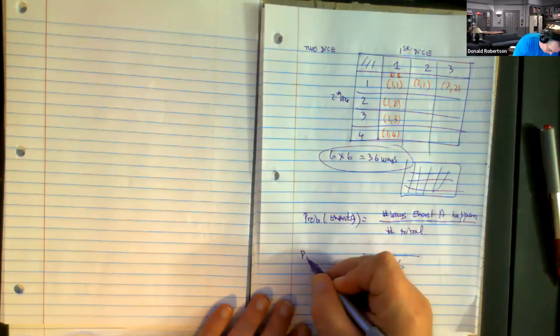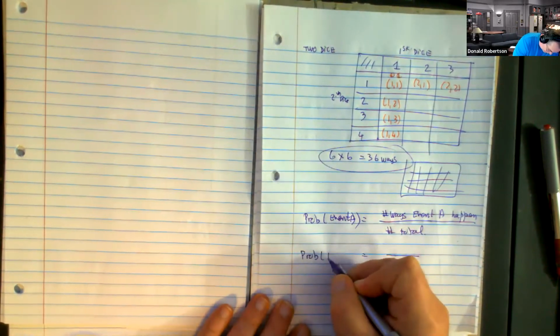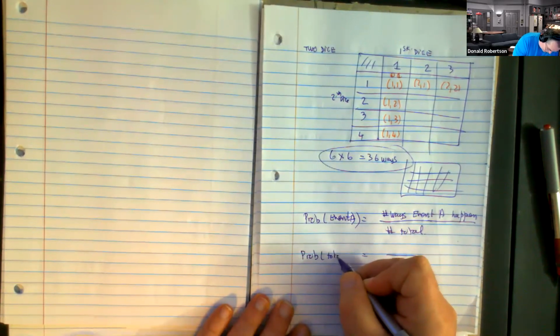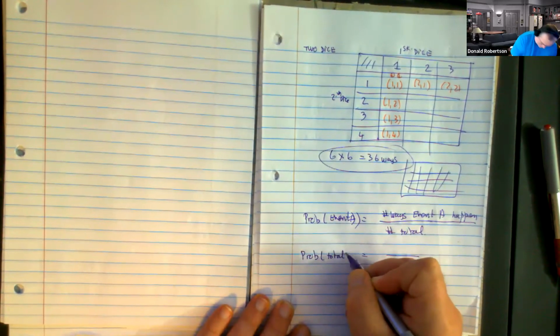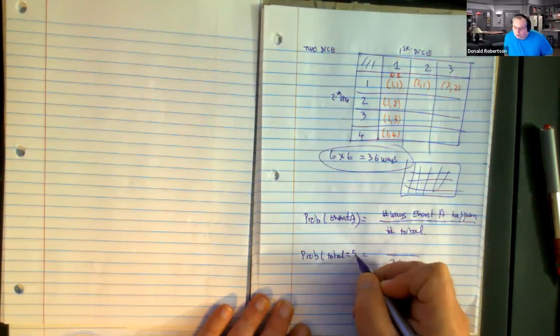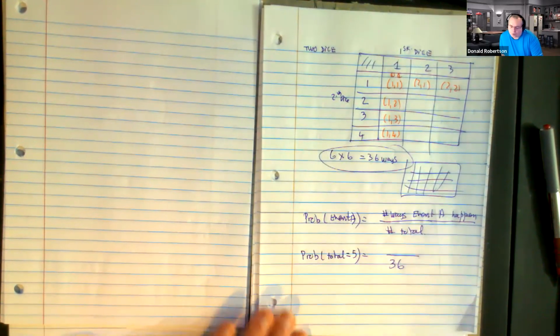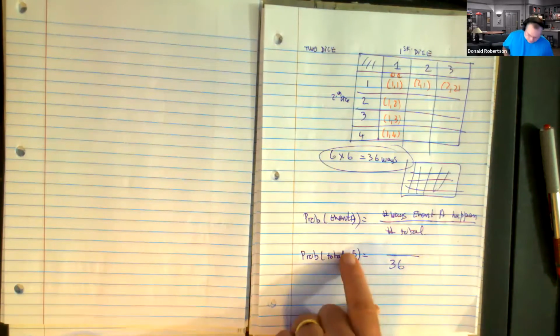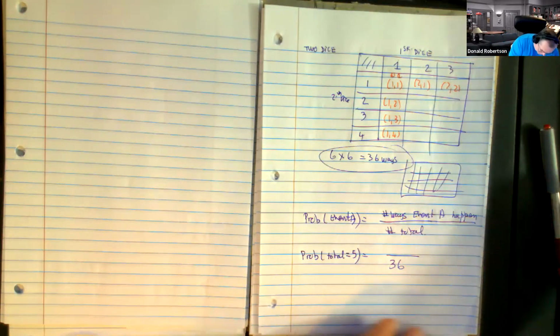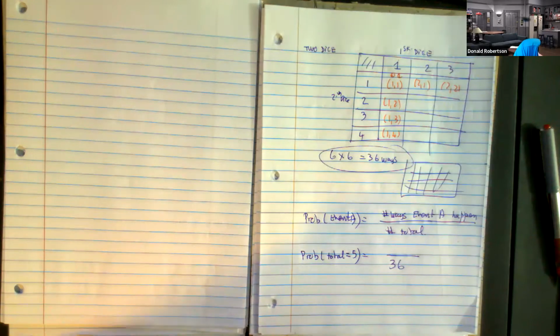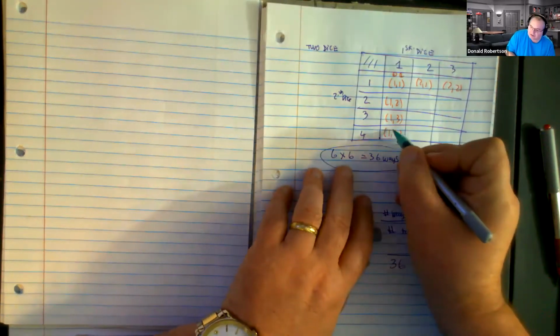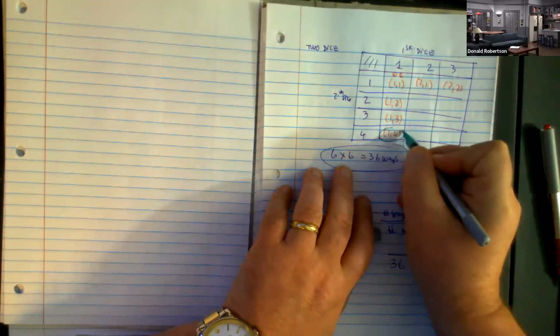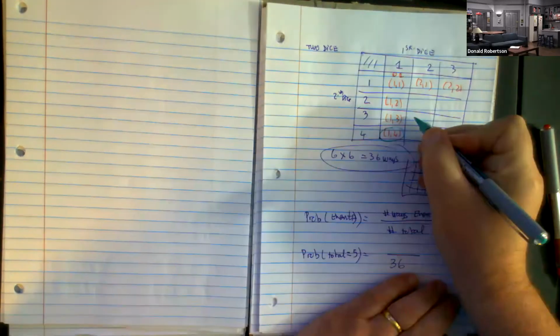So suppose I went and said to you, what's the probability that you roll two dice and the total is 5? Then what you need to do is find all the ways in which you could get a total of 5 when you roll two dice. Now, I've not got all of them here, but would you agree those two add up to 5, right? This one here would add up to 5.